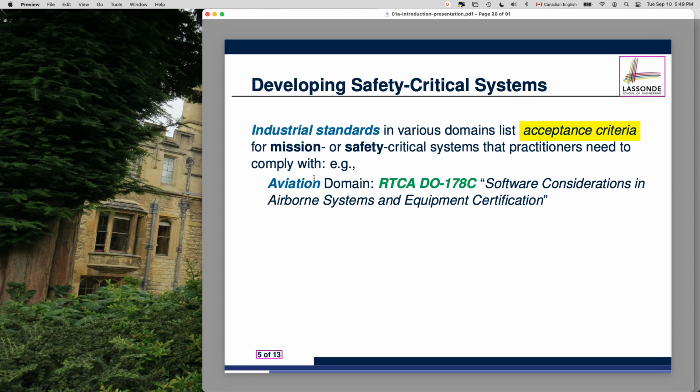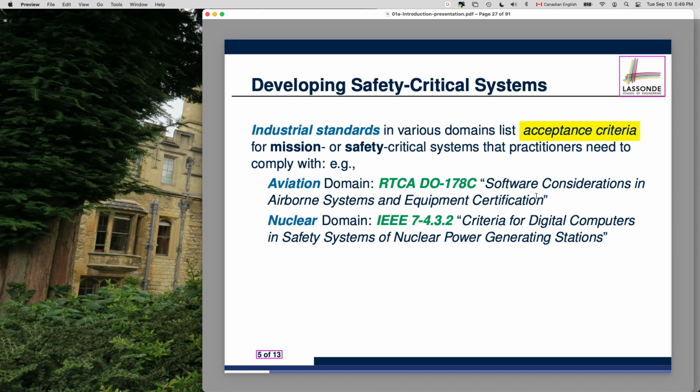For the aviation domain, like building an autopilot, for example, this is the document name. Don't worry too much, don't memorize it, it's just for your information. It's about software considerations for airborne systems. That's one domain. Another domain is the nuclear domain, and that one is released by IEEE. In those documents, they outline what the criteria would be for the system to be fit for use.